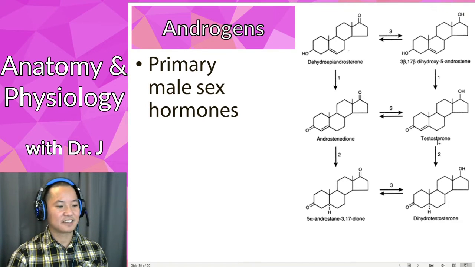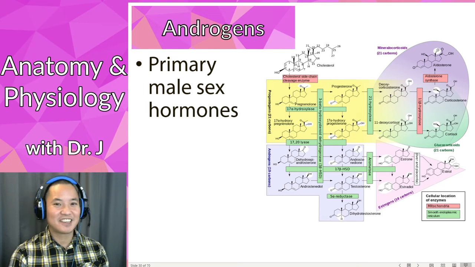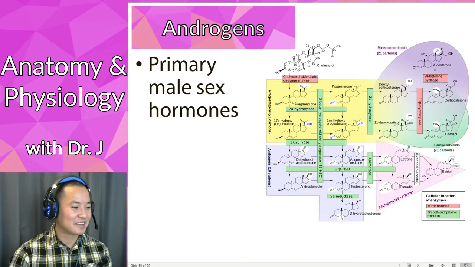So we have here things like the famous testosterone, but also things like androstenedione, DHT. So all of these are androgens. And this is actually more of the biochemistry, so I think this is more maybe 400 or graduate school level. I don't expect you to know this, but if you're going to med school, you'll have to know this eventually.